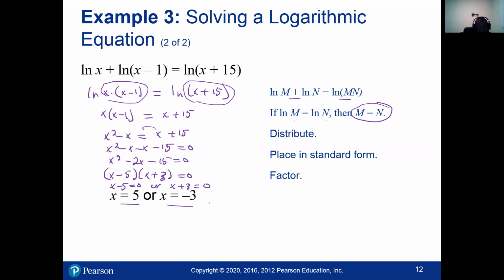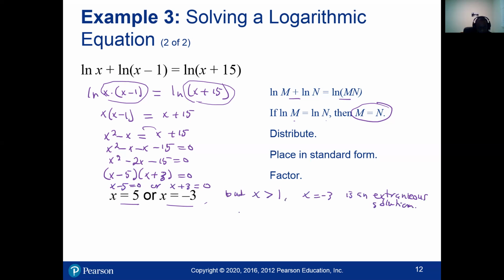But we know that the variable x must be greater than 1. And so x is equal to negative 3 is an extraneous solution. All right, it's an extraneous solution.